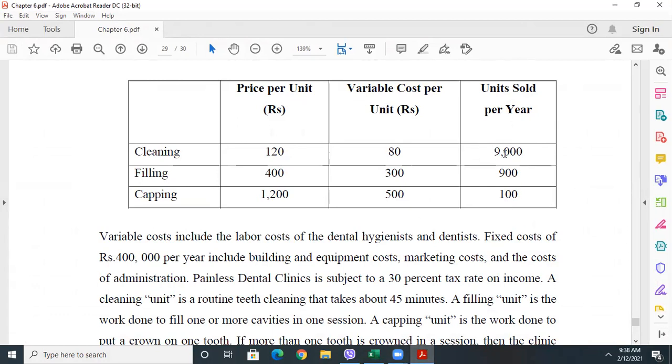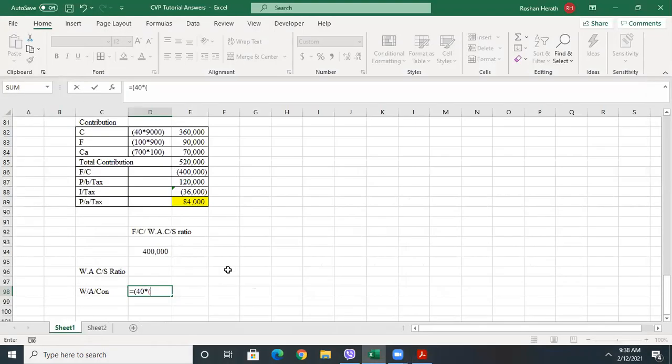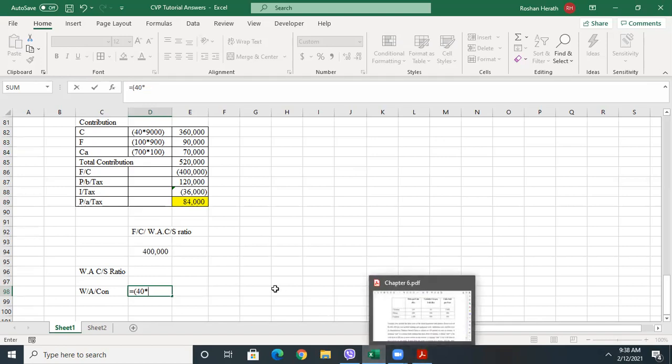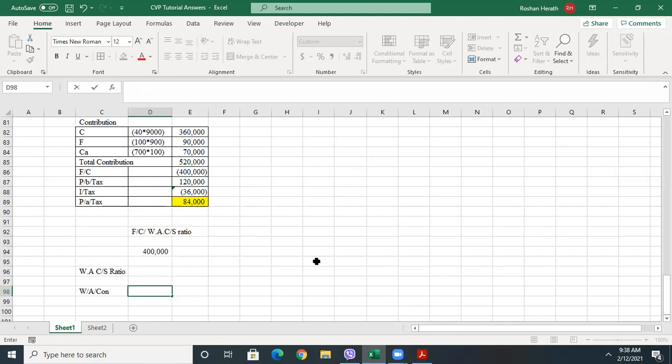So altogether, you have 9,000, 9,900, 10,000, 9,000 units out of 10,000. So shall we make it a little easy? Here you can see it's 9,000 units, 900 and 100 units. If you divide it by 100, you can make it 99 and 1, right?